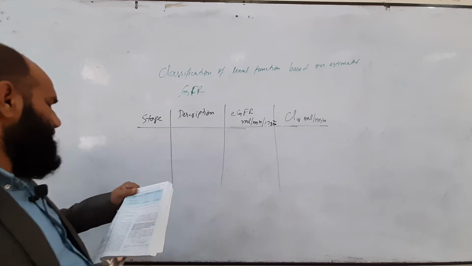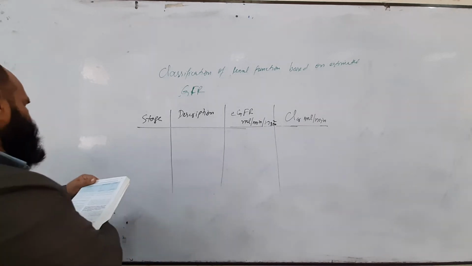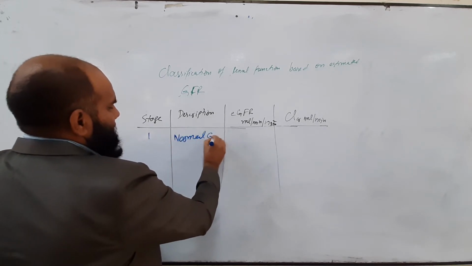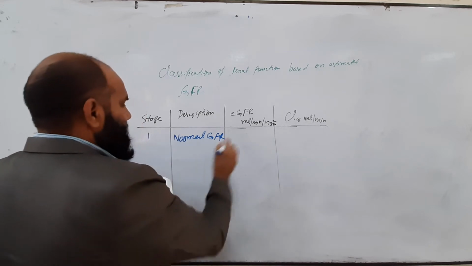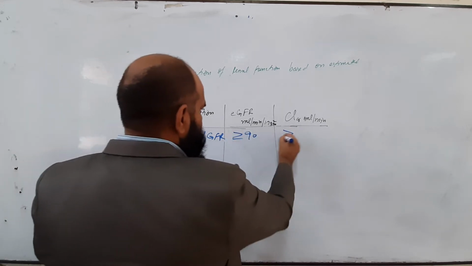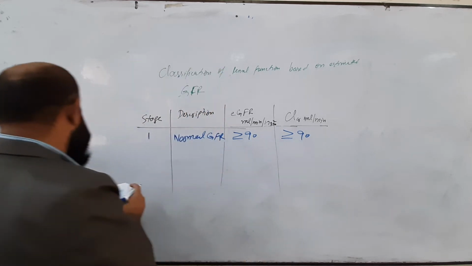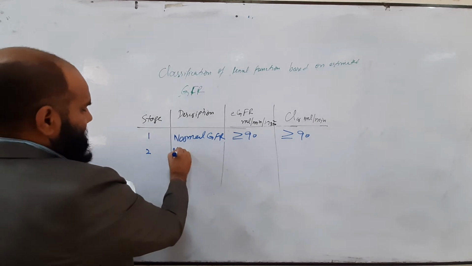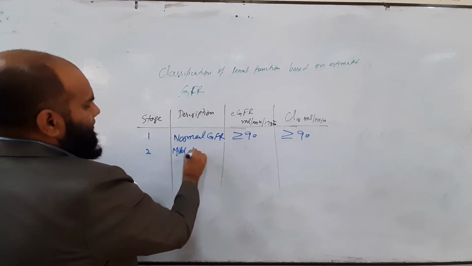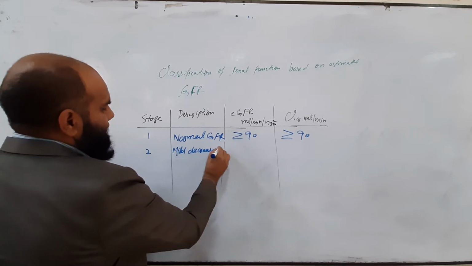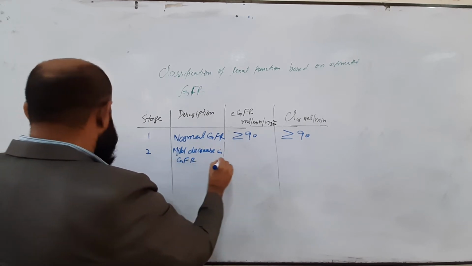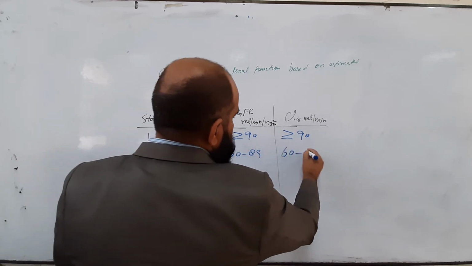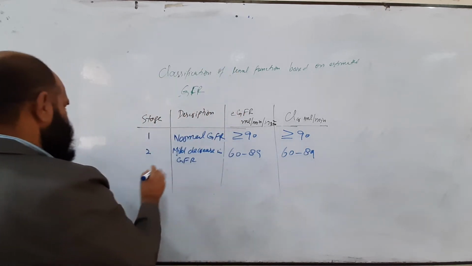Stage 1 is normal GFR, with a value of more than 90. Creatinine clearance will also be more than 90. Stage 2 is a mild decrease in GFR, 60 to 89, and creatinine clearance will also be 60 to 89.